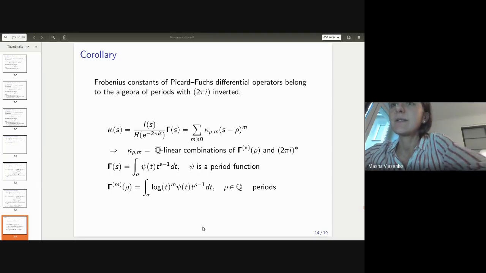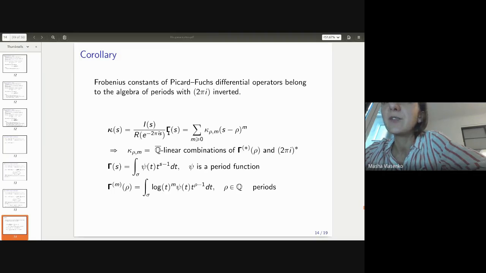And the reason is this. So our formula expresses Frobenius constants as Q bar linear combinations. Q bar comes from the fact that the Picard-Fuchs operator can have coefficients in some algebraic number field. And the monodromy representation will be defined over some number field.